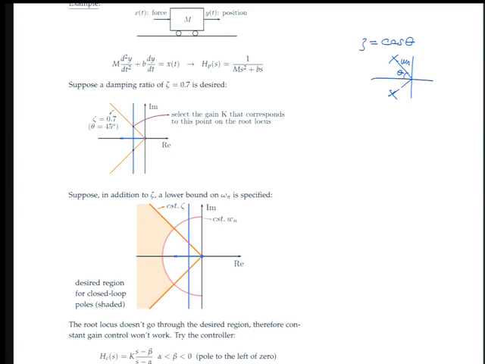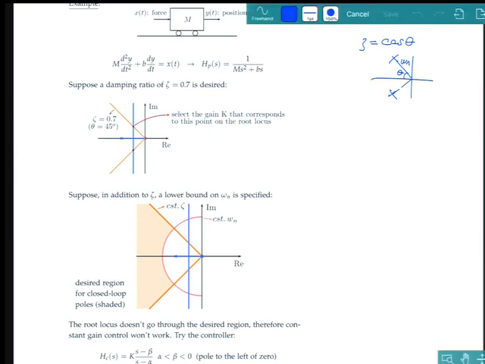So let's look at this plot. I can make omega n really, really large if I put my closed loop poles like here and here, right? Because then the distance to the origin is very far. Is that a good thing?